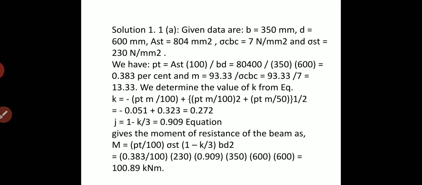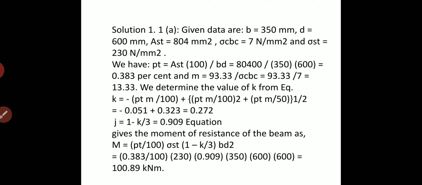So we calculate 280 by 3, which value is 93.33 upon sigma CBC, and sigma CBC value is 7. So 93.33 divided by 7, and we have the value of M, modular ratio, equal to 13.33.